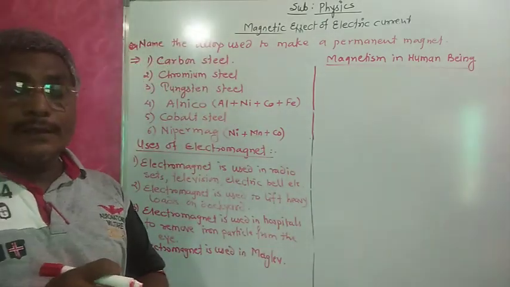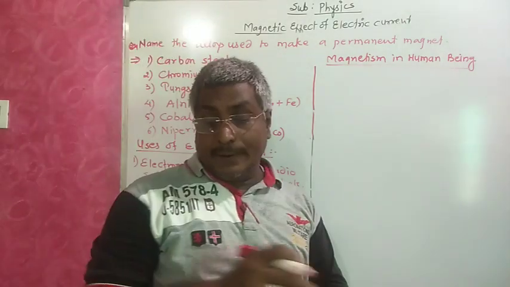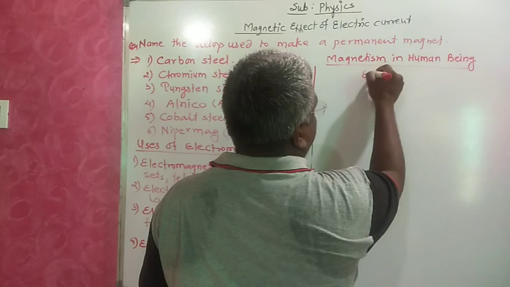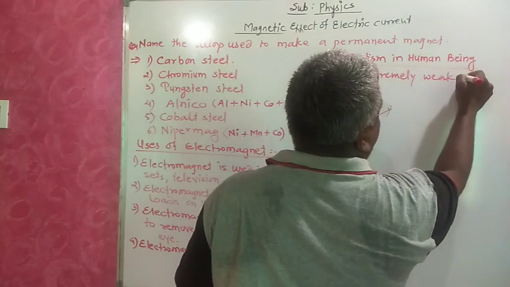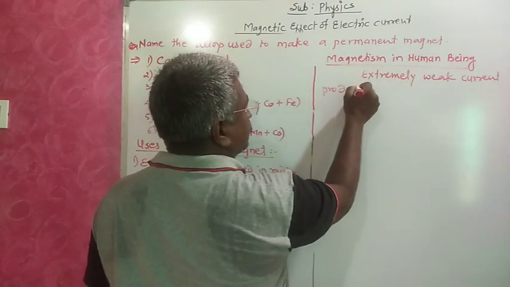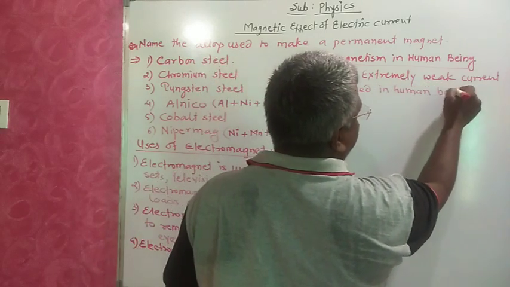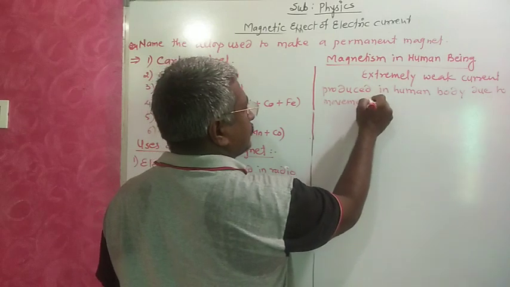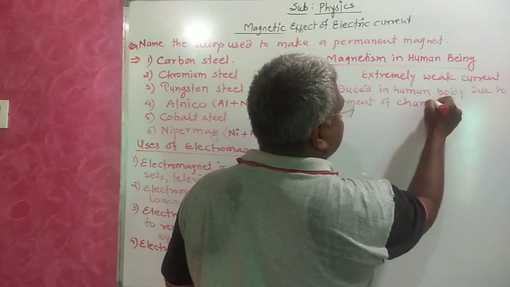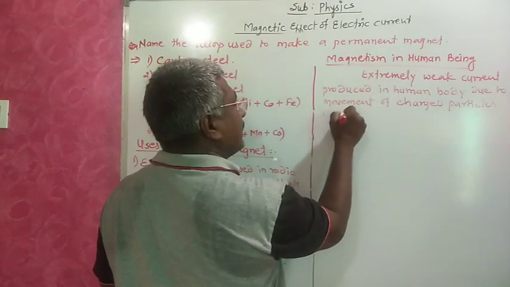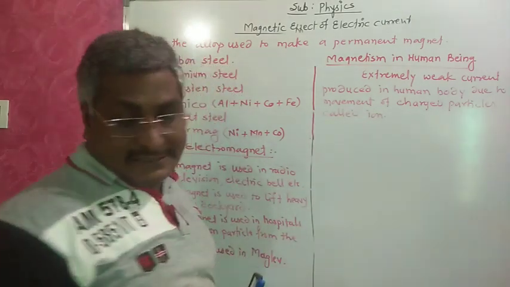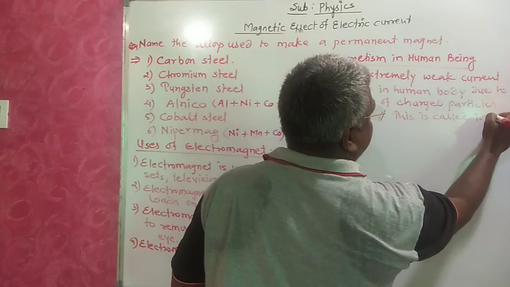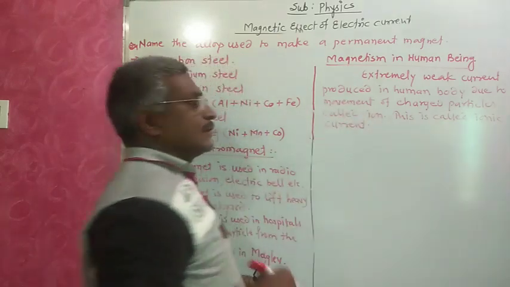An extremely weak current is produced in the human body due to the movement of charged particles called ions, and this current is called ionic current.